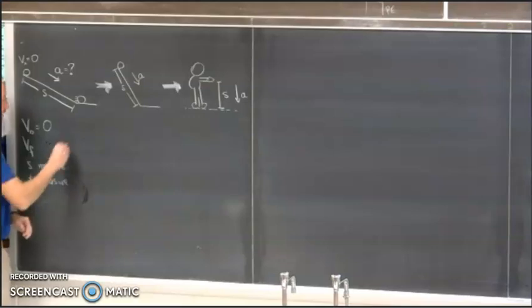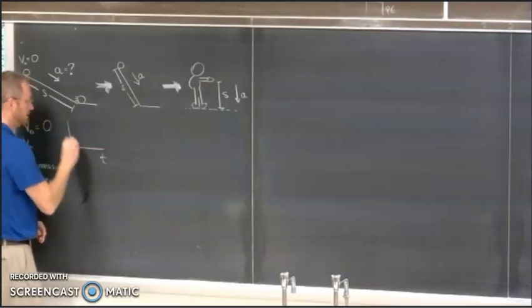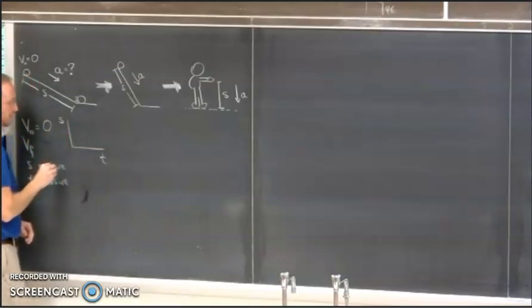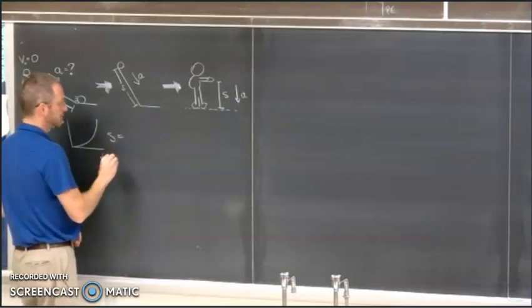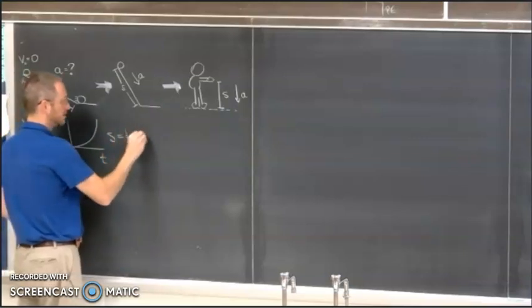So we turned this into graphs, and we determined, based on our displacement versus time graph, that we got a curve, which says that displacement is some constant times time squared.